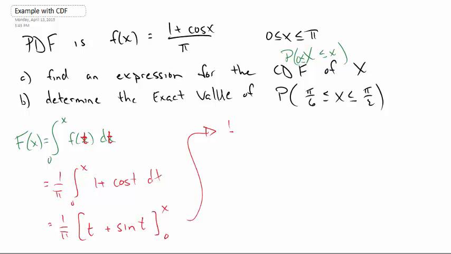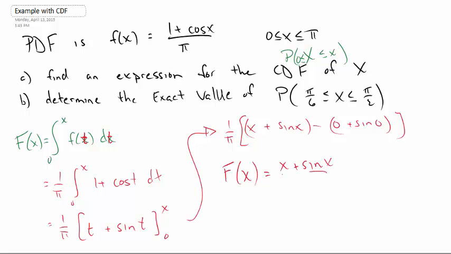And we get 1 over pi times x plus sine x minus 0 plus sine 0. And 0 plus sine 0 is just 0, so our cumulative density function is equal to x plus sine x divided by pi.